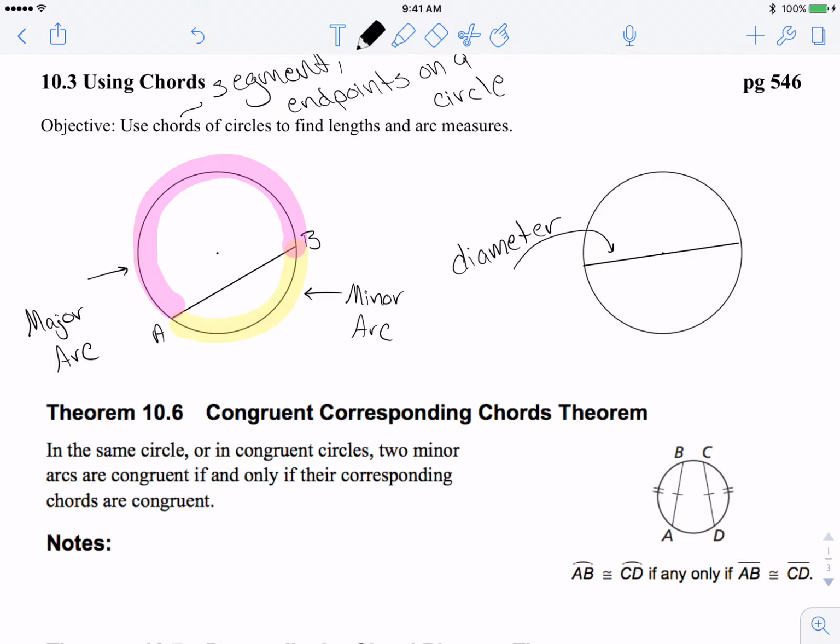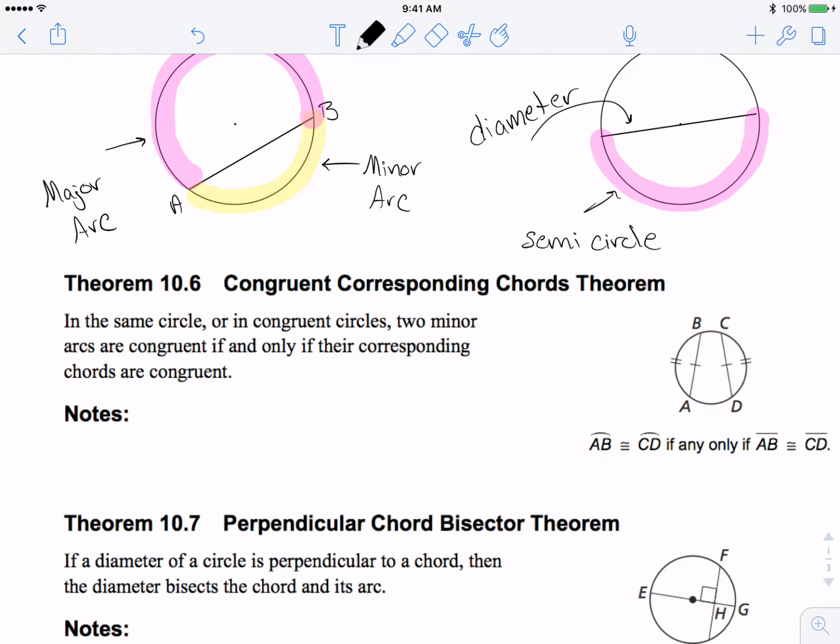That diameter then divides my circle up into two semicircles. So that right there, just some review, is what we call a semicircle. This lesson is going to be talking about the chords, the lengths of the chords, and the lengths of those arc measures.